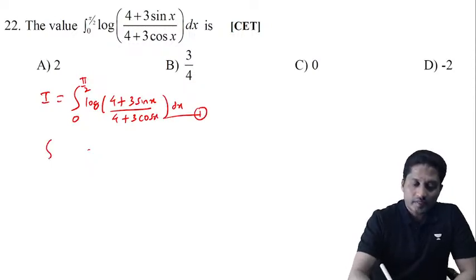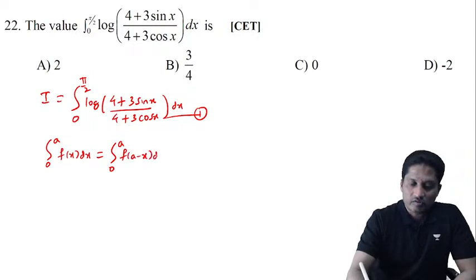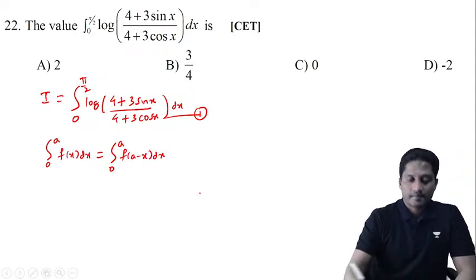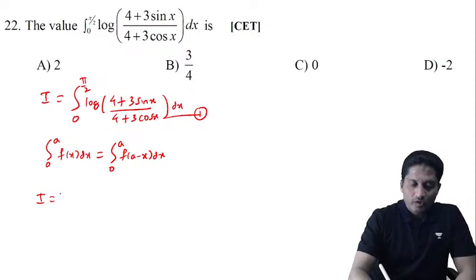I'm going to use the property: integration of 0 to a f of x dx is equal to integration of 0 to a f of a minus x dx. You change x to lower limit plus upper limit minus x, provided the lower limit is 0, so 0 to pi by 2.